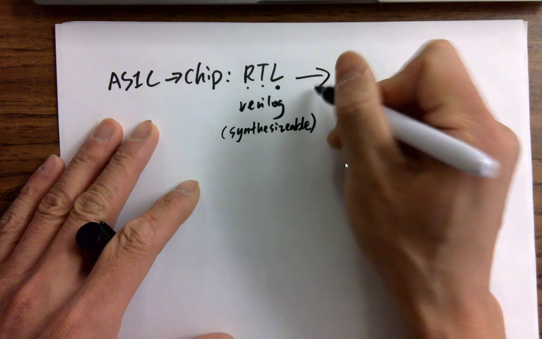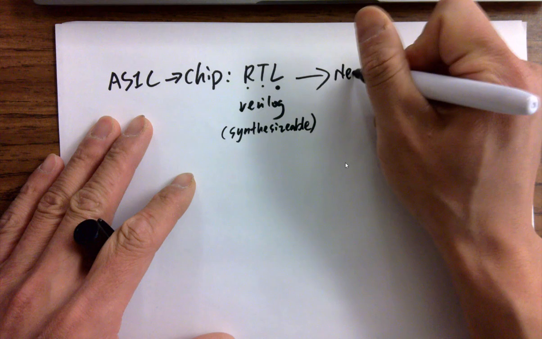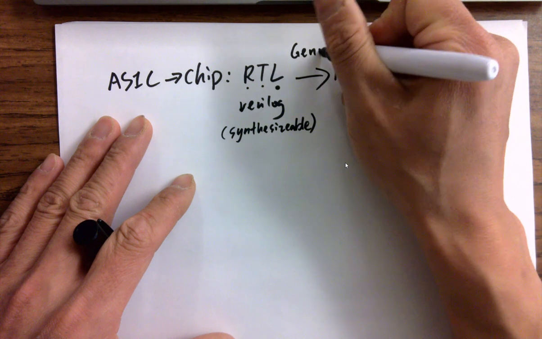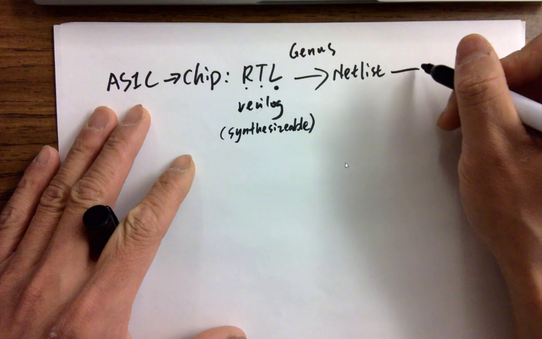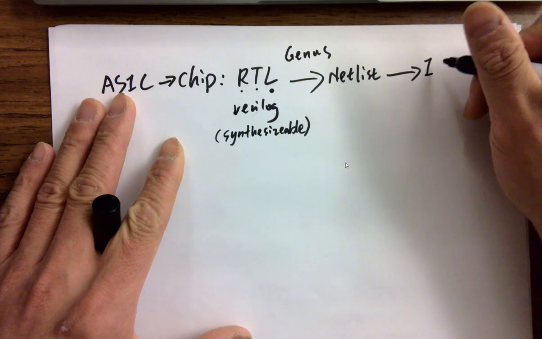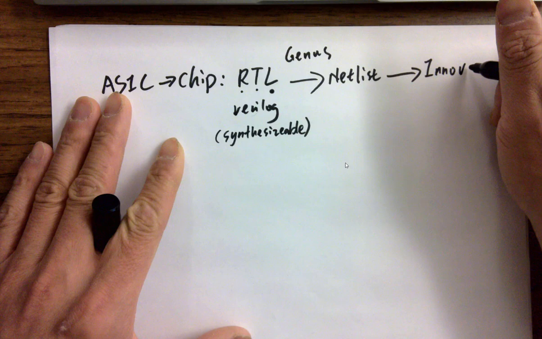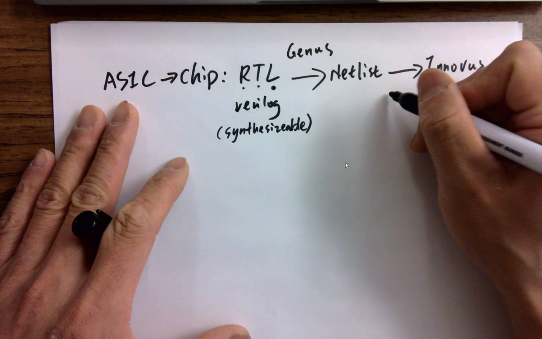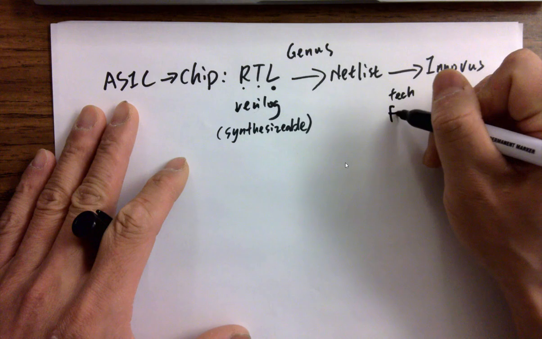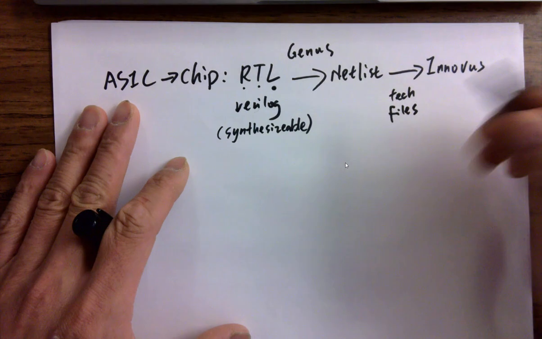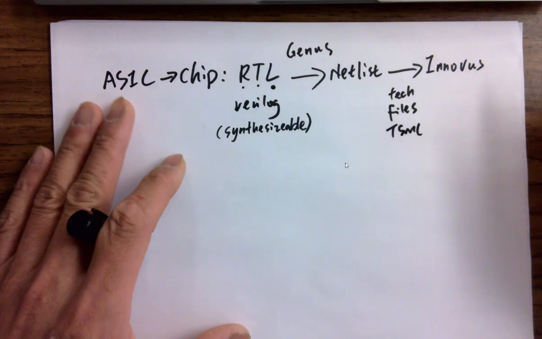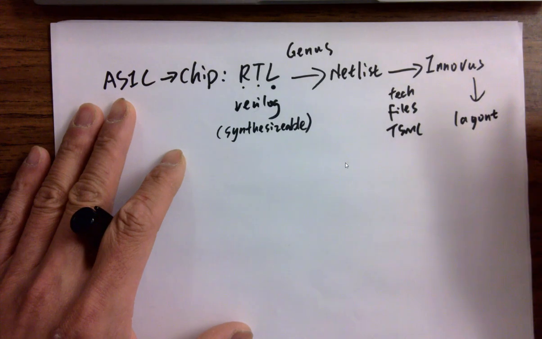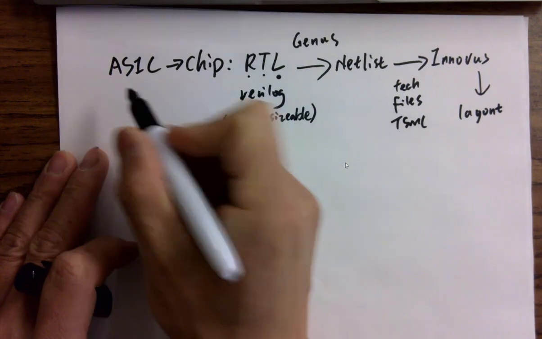Then this is converted into a netlist by Genus. Right? And then it's loaded into Innovus, with all these other tech files for TSMC, and from Innovus we convert it into a layout. So that's the workflow for making an ASIC chip.